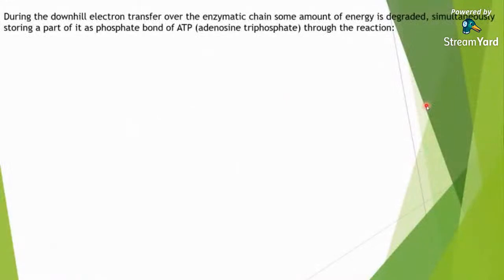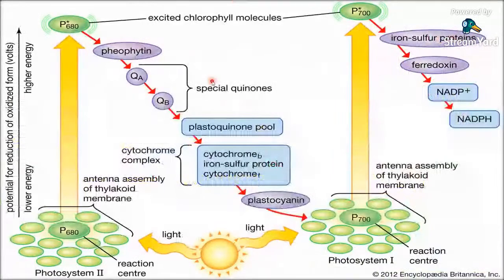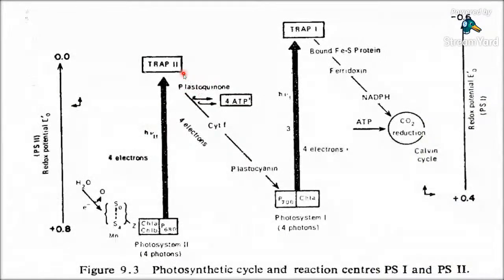During the downhill electron transfer over the enzymatic chain, some amount of energy is degraded, simultaneously storing a part of it as phosphate bond, that is ATP. From plastoquinone to cytochrome f there occurs the generation of ATP, and then after ferredoxin there occurs the formation of NADPH.